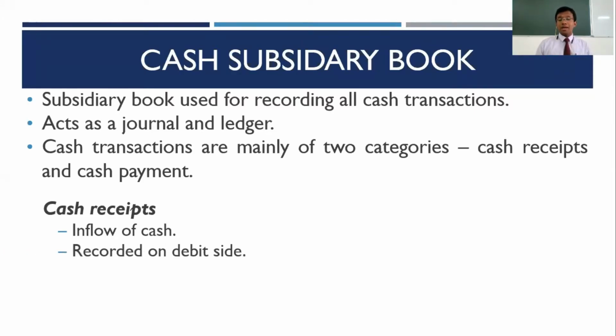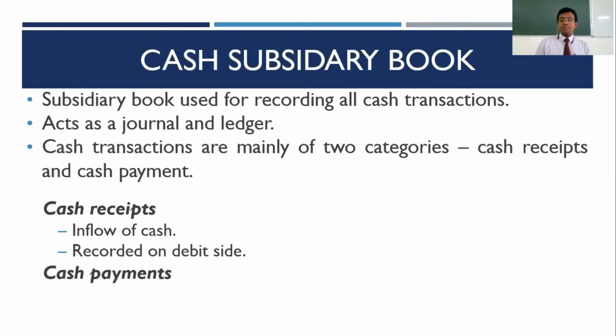Keeping this law in mind, whenever we record cash receipts, it would always be recorded on the debit side. Why does it get recorded on the debit side? Because there is inflow of cash. Cash is coming into your business, and we debit what comes in. That's the reason why these transactions would get recorded on the debit side.